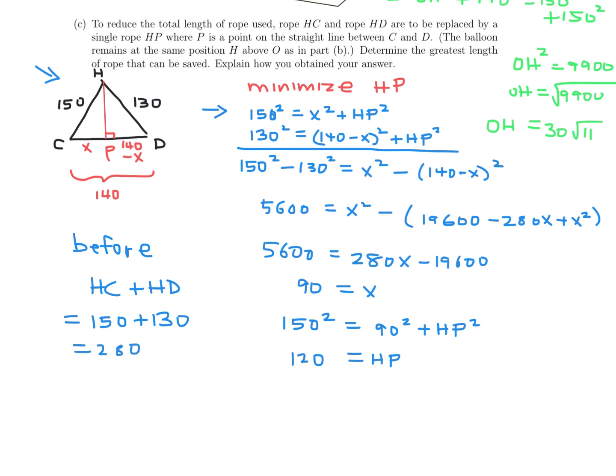Now we have just HP, and that's 120. So if you compare, we went from 280 to 120, so that means we saved 280 minus 120, which is 160 meters of rope. And that completes part C of number 4.